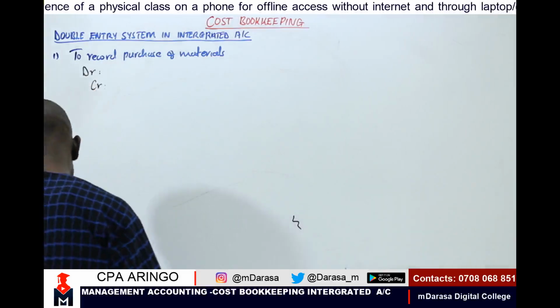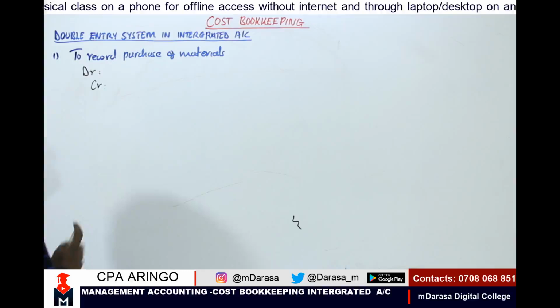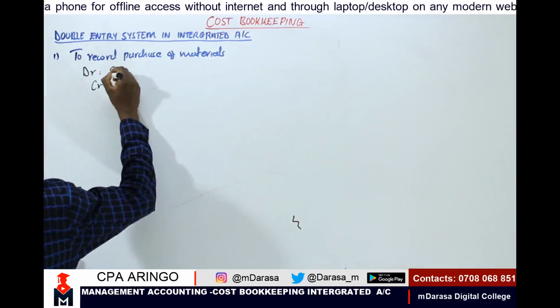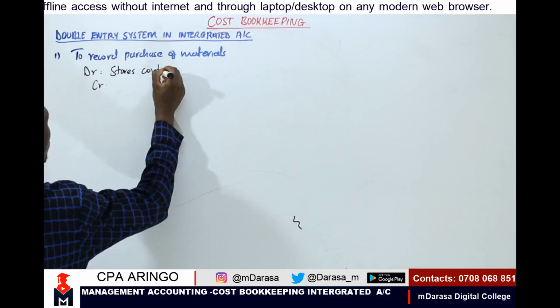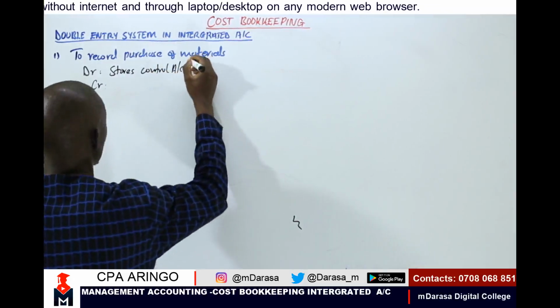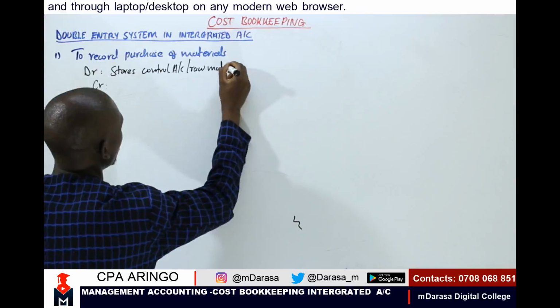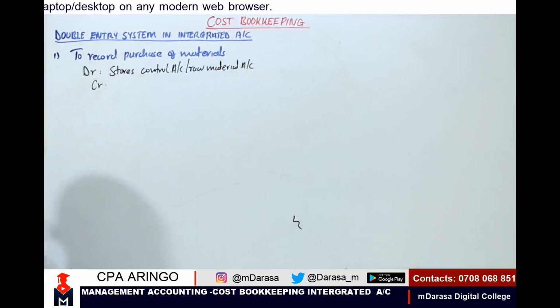In this case, that is the stores ledger, which we are going to term as stores control account, or materials account, or raw materials account. That's the account that you are going to debit.